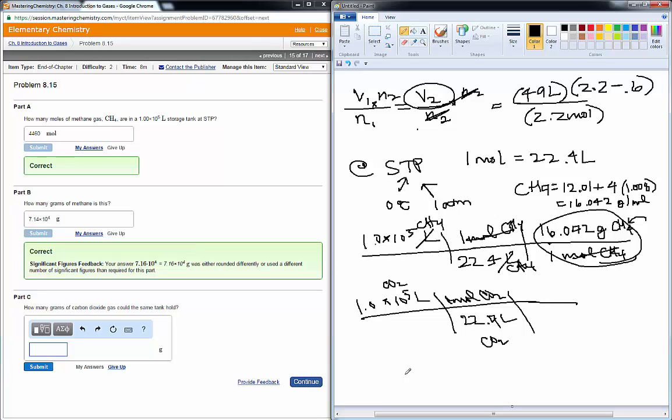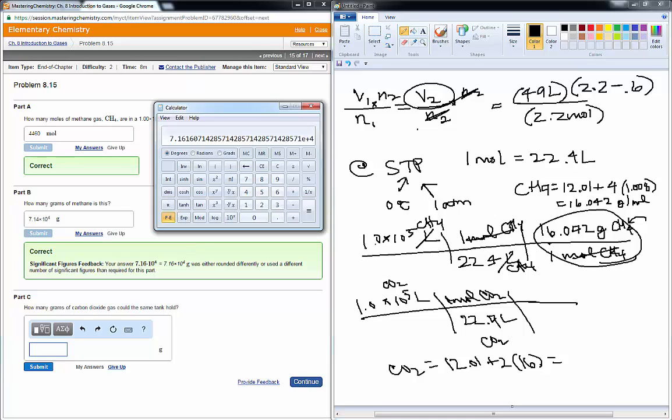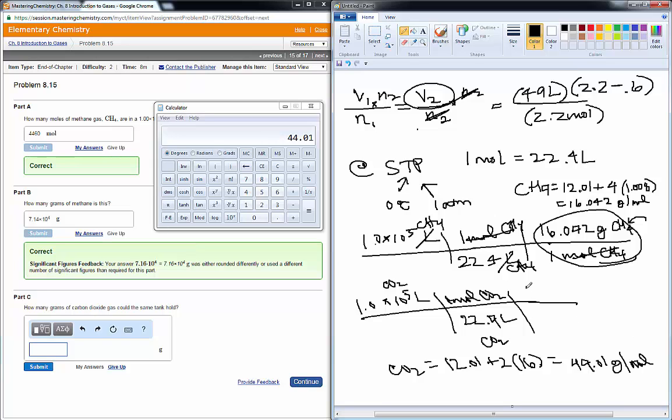It's the same story, except that now CO2 has 1 carbon and 2 oxygens for a total mass of 44 grams per mole. So 44.01 grams CO2, 1 mole of CO2, moles cancel.